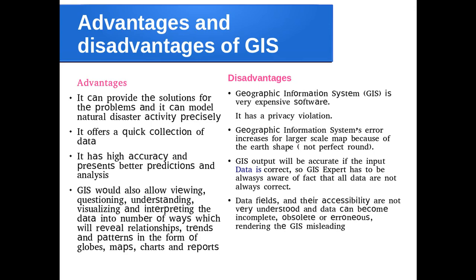Another disadvantage, that is one of the main disadvantages, is that the information that you put in a geographical information system has to be accurate, because if the information is not accurate, basically you would be inputting information that is wrong.